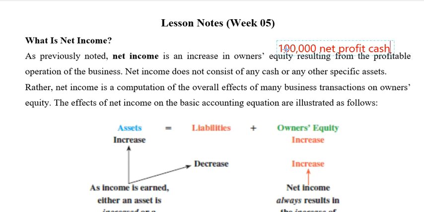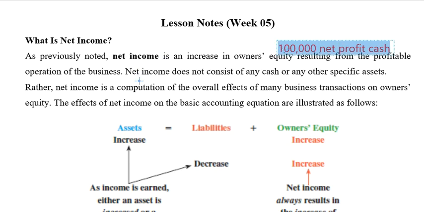Cash basically increases and decreases for different reasons. Like when the owner invests in the business, more cash is coming in, so cash will increase. When you are purchasing some assets, or purchasing inventory for your business operation, then cash will flow out. So cash is a separate thing. Cash does not mean net profit; you can view cash in your balance sheet.